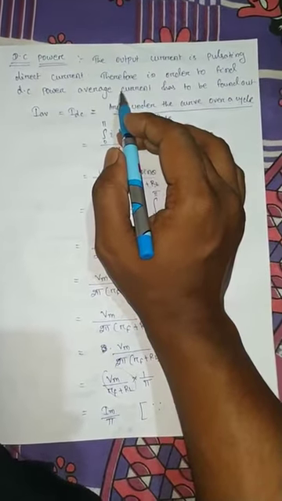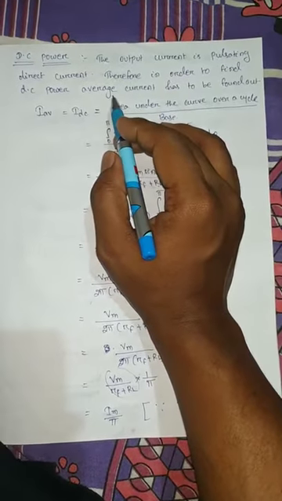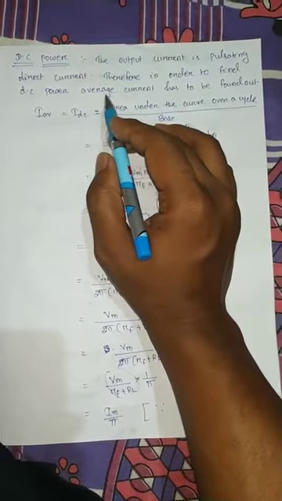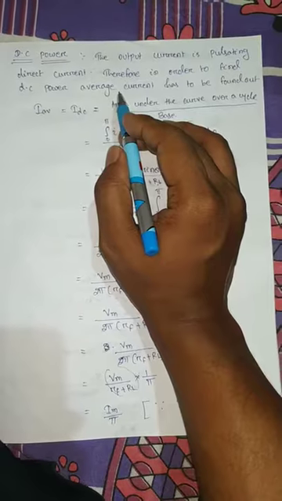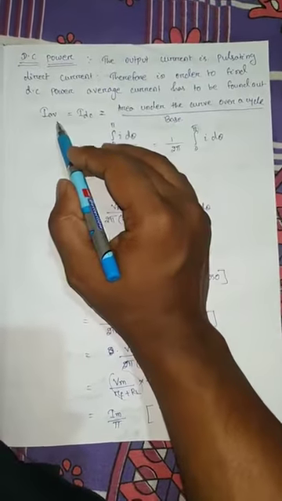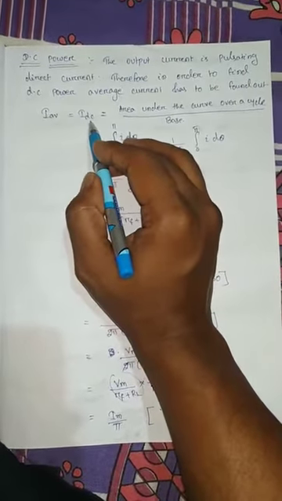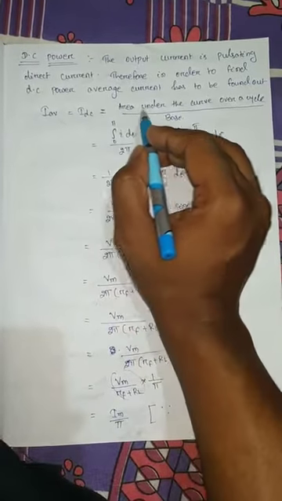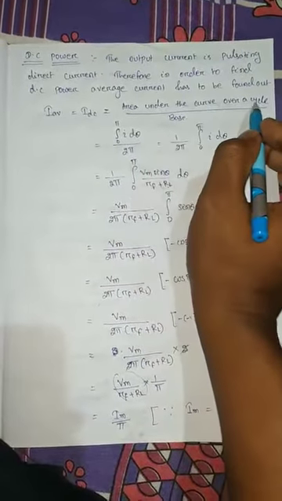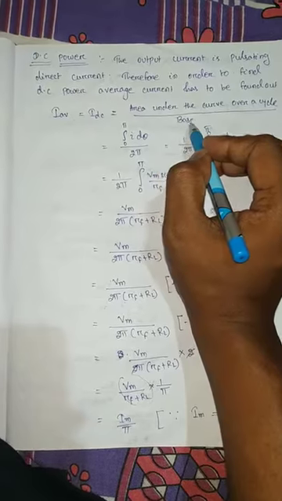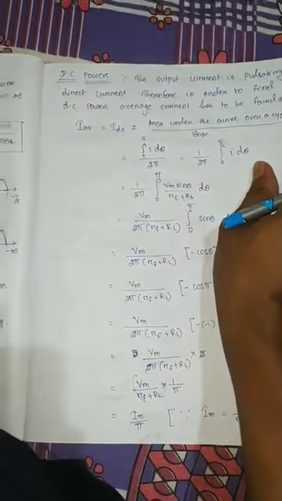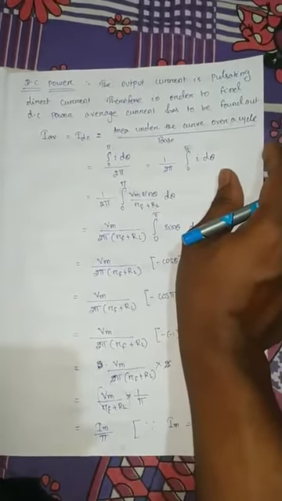So in order to find the DC power, we have to first calculate the average current. Average current I average equals IDC equals area under the curve over a cycle divided by base. So how do we calculate the area under the curve over a cycle?